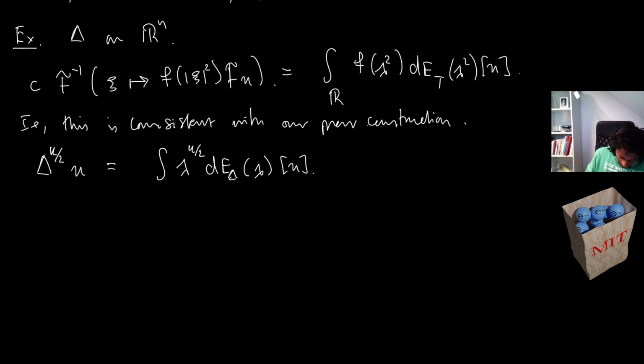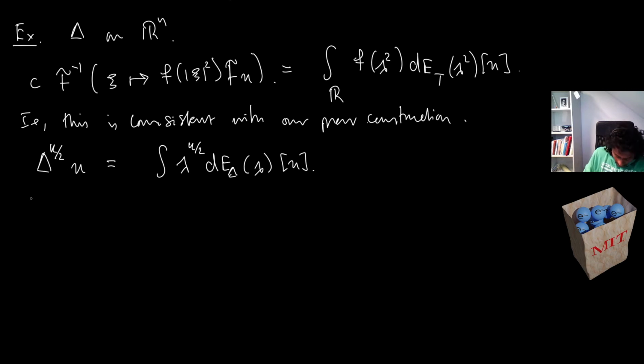Okay, so now I want to talk about a very important theorem. A very important theorem for us is the following: it's elliptic regularity. So it's regularity for elliptic operators.